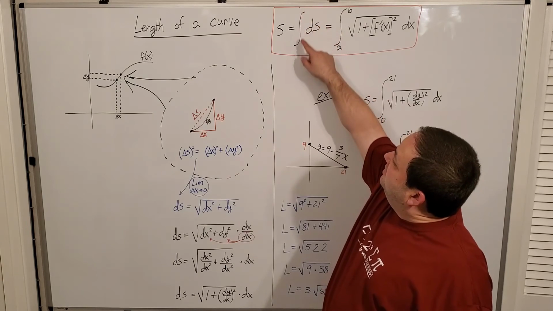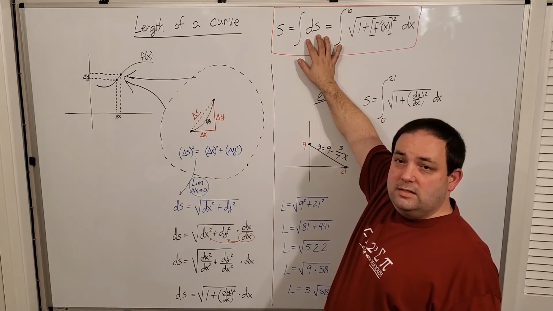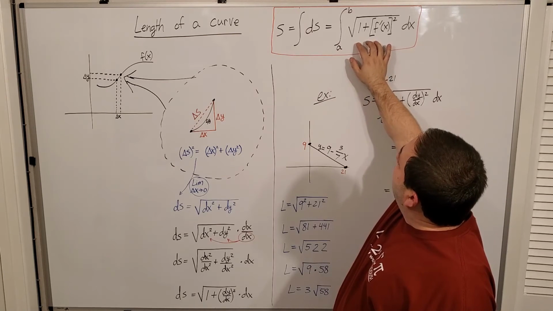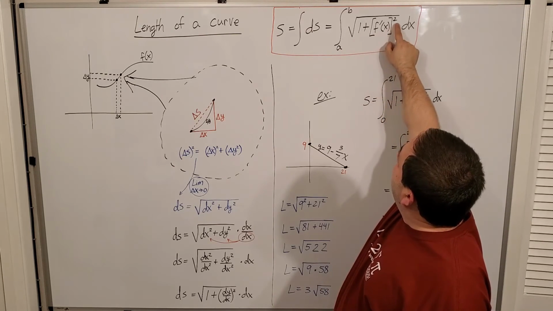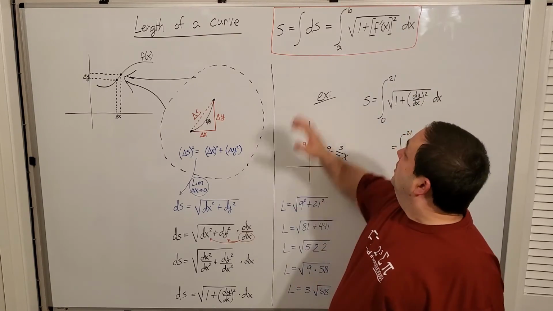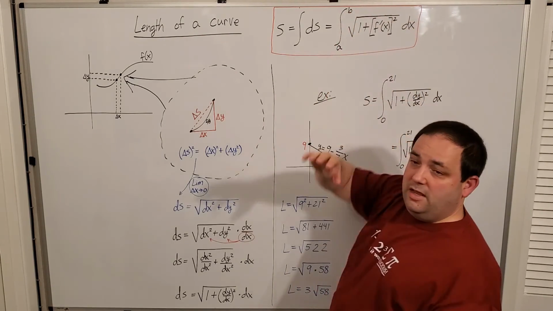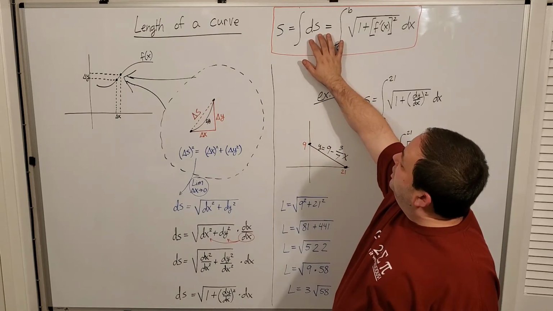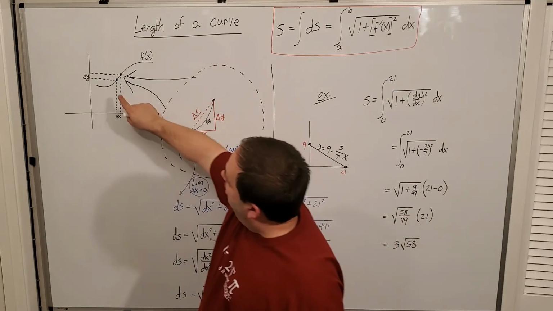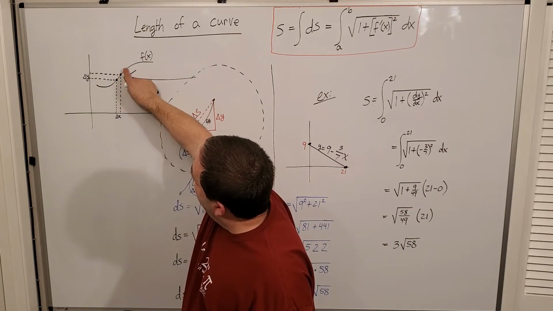Therefore, if I integrate all of the little ds's, I'm really integrating that calculation, the square root of 1 plus the derivative squared times dx. So this would then give me the length if I were enumerating some. Hey, let's get all of these ds's, right? Let's grab all of the ds's from here to here.